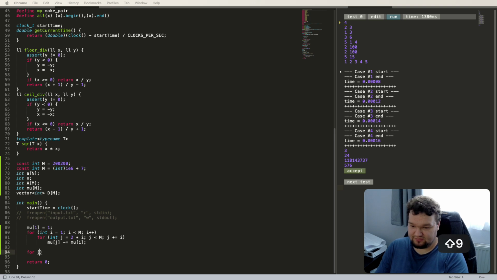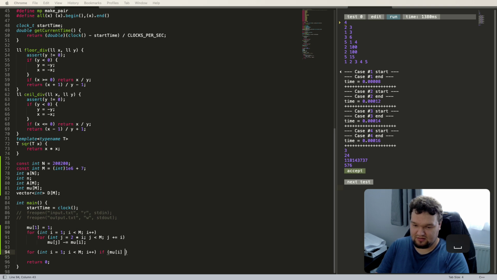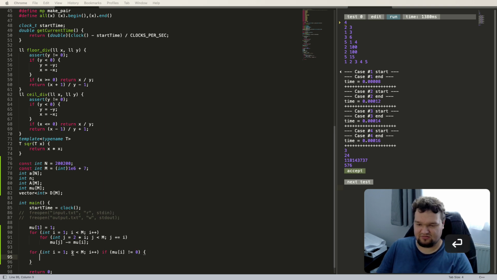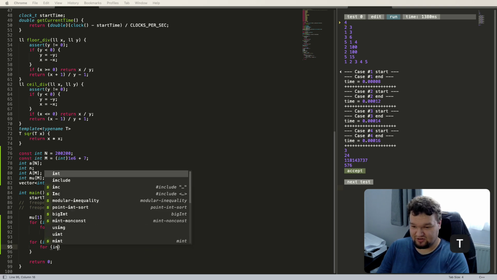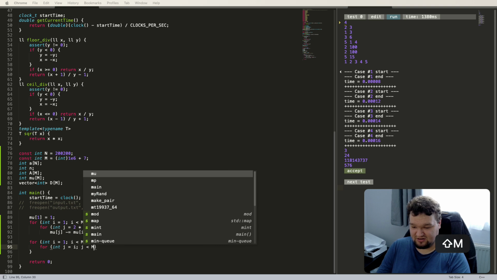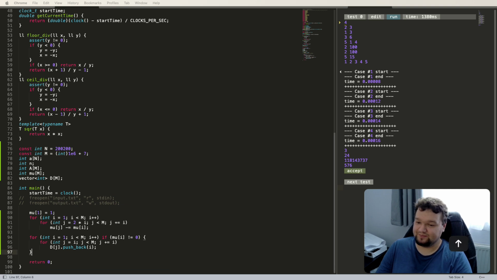So now I will iterate over all the numbers that are square free, and for all the numbers that are divisible by that number, I will say that it's divisible. So in the list of divisors for that number, I will store i. So now every number has a list of square free divisors, and that's what we actually need.